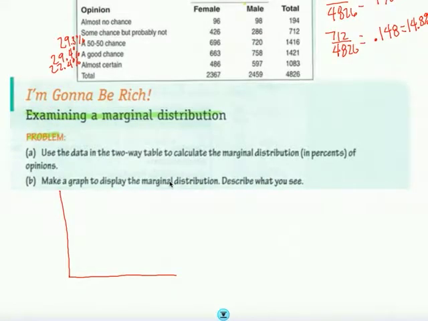Alright, so now that we have a percent for each one of them, we're going to make a bar graph that gives us a visual display of the marginal distributions. And so you're going to label your y-axis as your percent, and your x-axis is going to be your survey response.